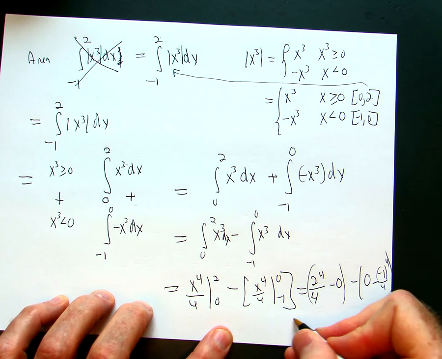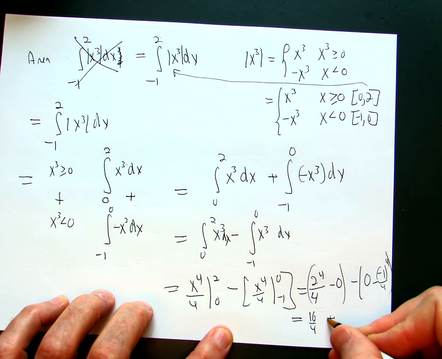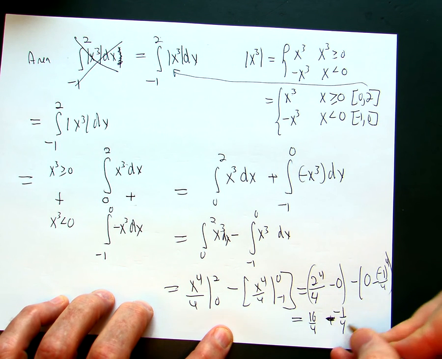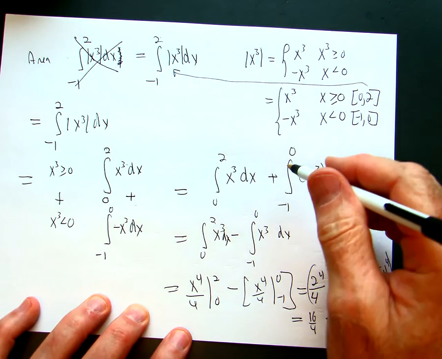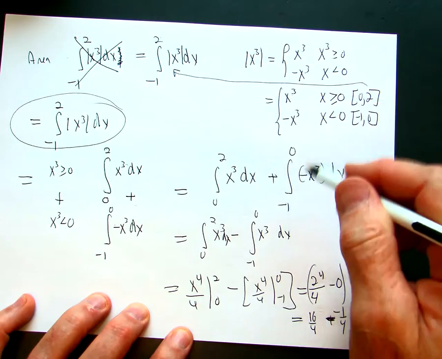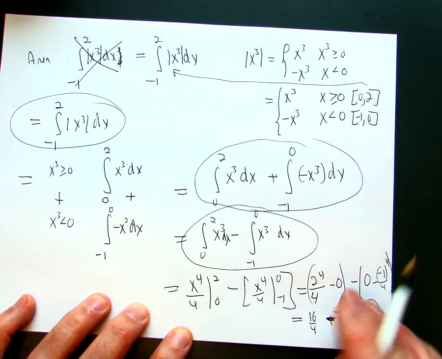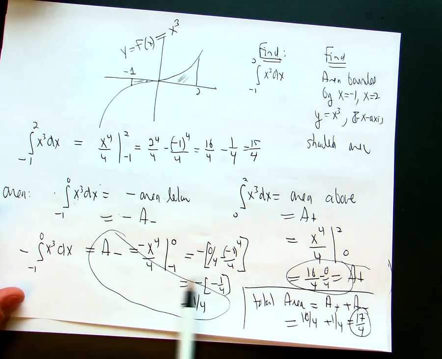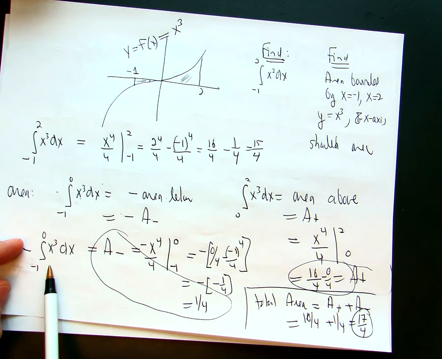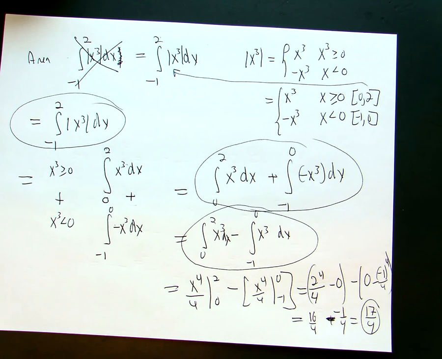And that's going to give me 16 over 4 plus 1/4, and that's going to be 17/4. So the point is that this integral is equal to that, and that gives us this integral, and that's exactly the way that we did the area over here. We said this area was equal to this integral plus this integral. Okay? I hope that makes sense.